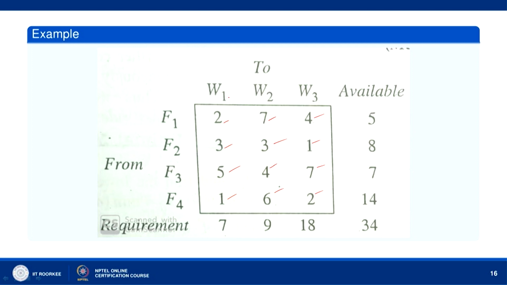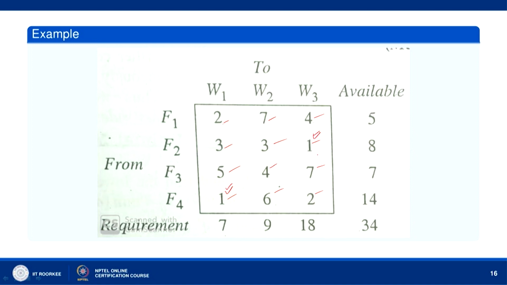From F1 to W1 it is 2 per unit, from F1 to W2 it is 7 per unit, from F1 to W3 it is 4 per unit, and so on. The least value among all these is 1, and it occurs in two places.